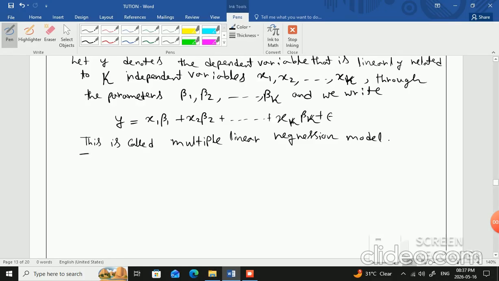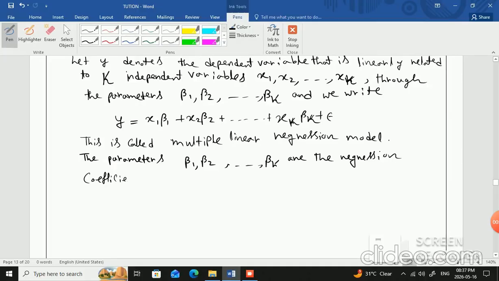The parameters beta 1, beta 2, beta k are the regression coefficients.